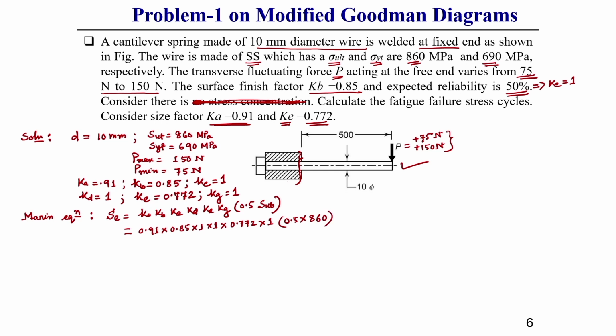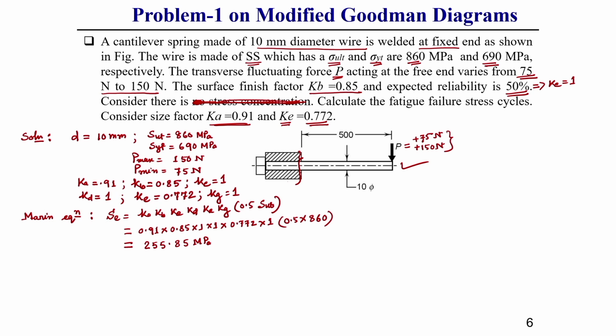So, this will give us a value of Se, which is equal to 255.85 MPa. This is the endurance strength we found.